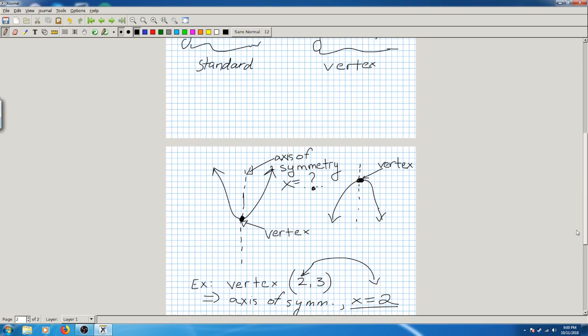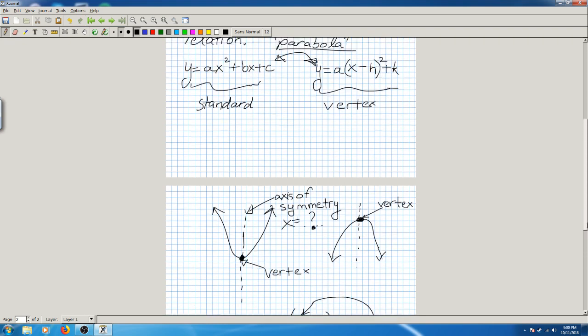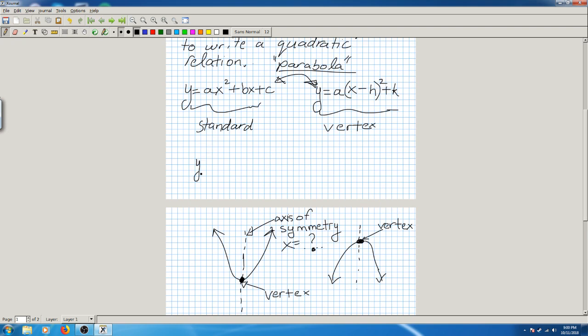And if I punch those values in, I get this simple quadratic equation, y equals x squared. So y equals x squared is a special case where I chop away b and c, where b and c in my standard form go away.